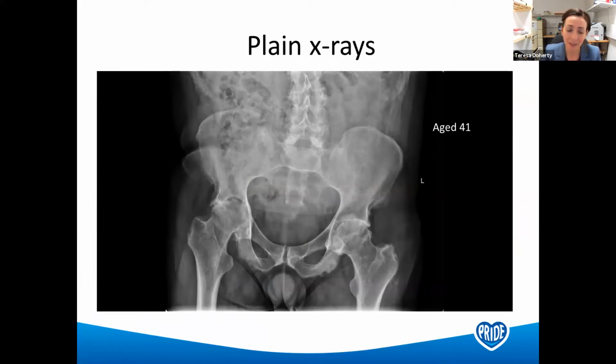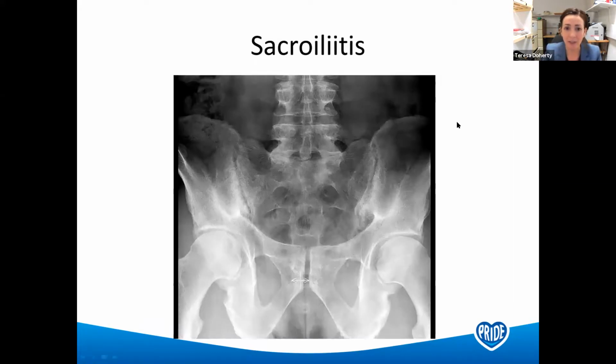So if they're complaining, there is evidence that you should do some x-rays. Sacroiliitis, as I said before, is on both sides of the sacroiliac joint, not one side, and we'll go on to that. You might pick it up on x-rays. If you do, you've probably missed the boat, and they've been suffering for years.